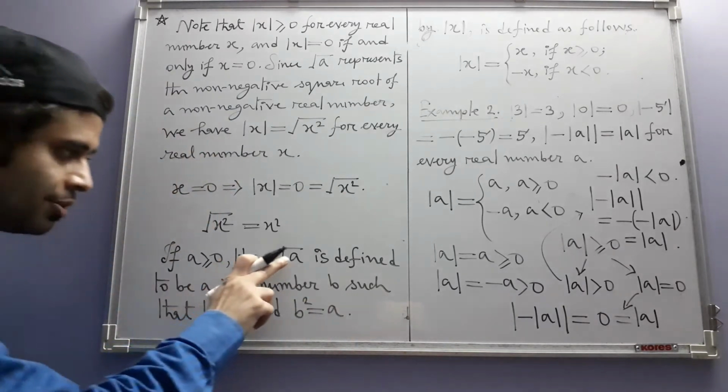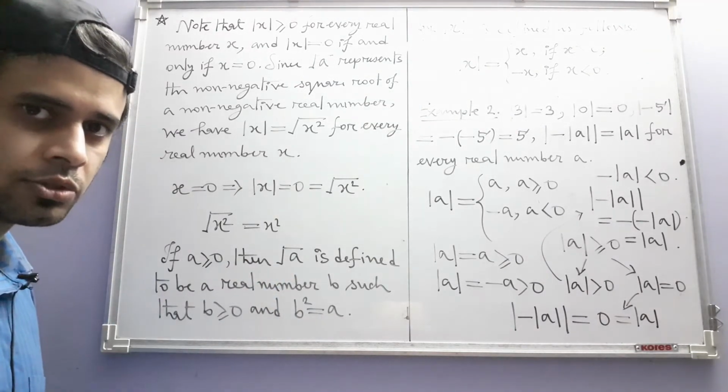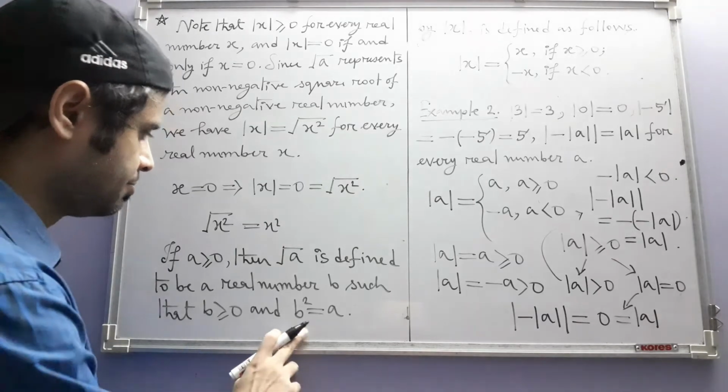This is the definition of square root of a. It's a non-negative real number whose square is equal to a.